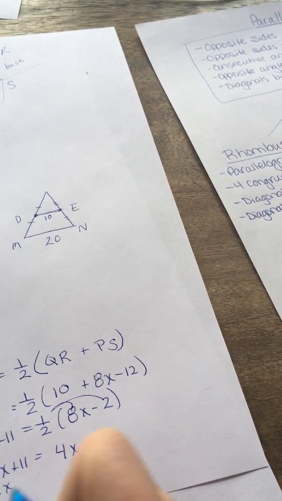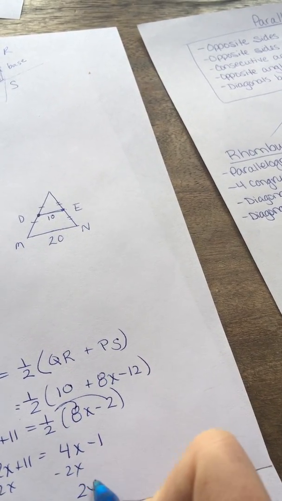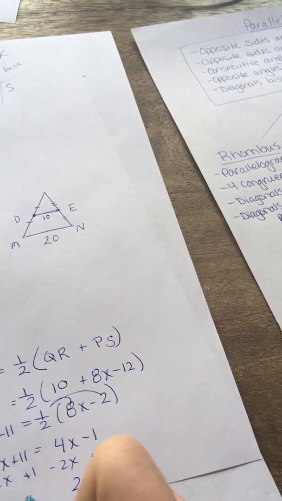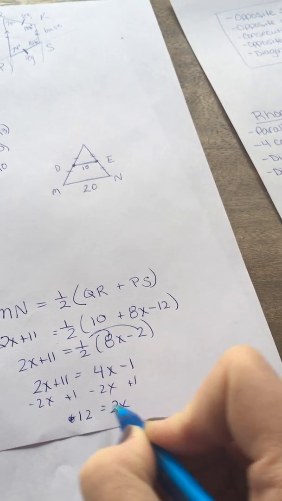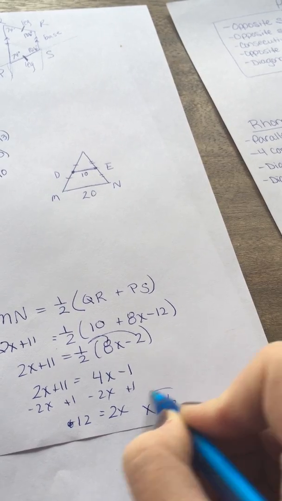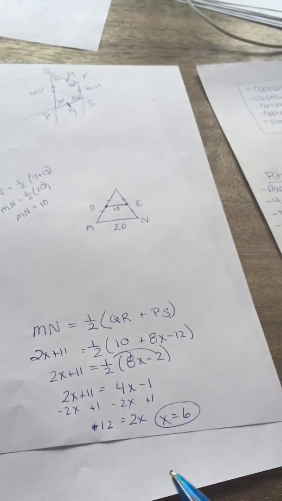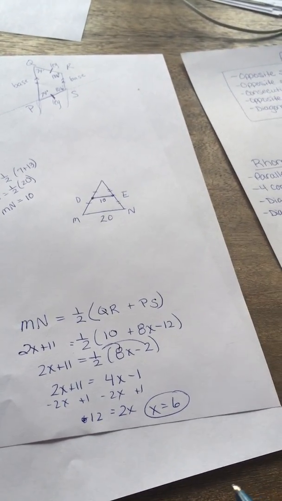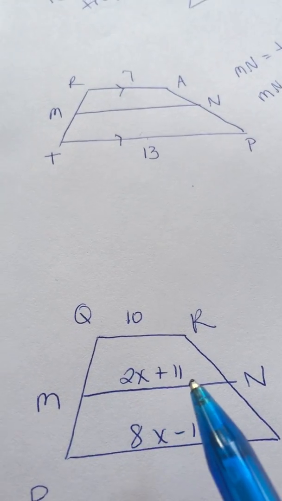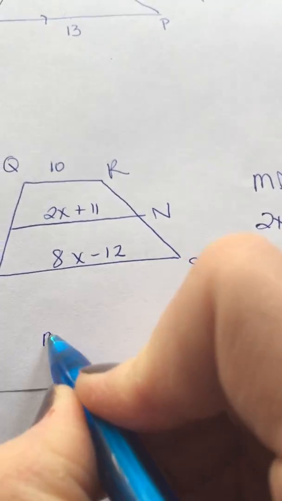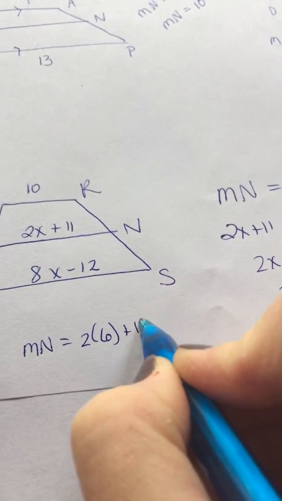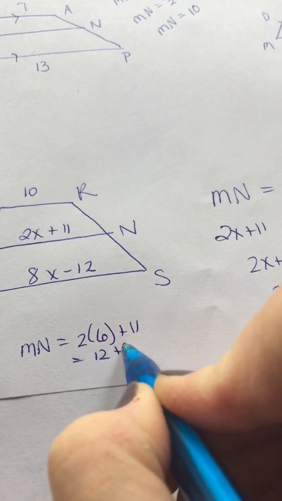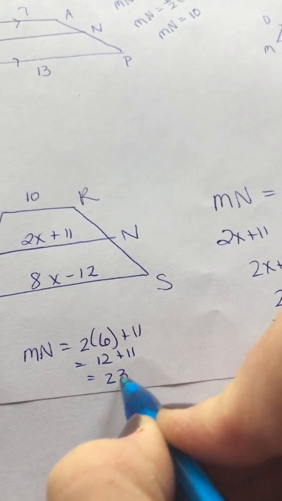So I'll subtract 2x from both sides and add 1. So 2x will be 12 and x will be 6. So I found x. The problem says what is x and what is the length of MN. So MN was 2x plus 11. So I'll substitute 6 in there. MN will be 12 plus 11, or 23.